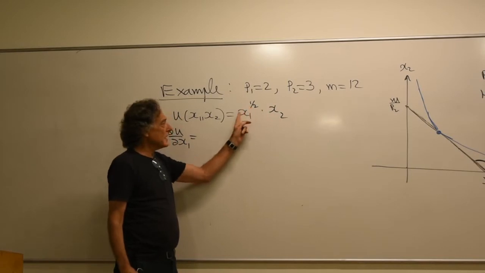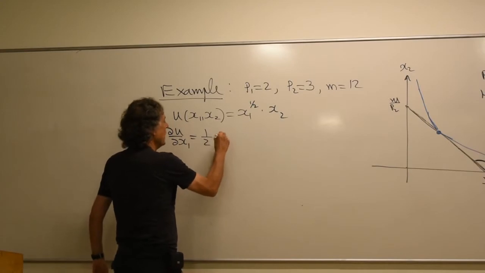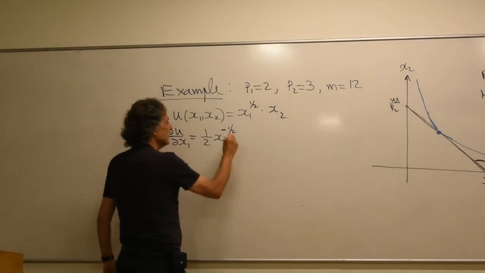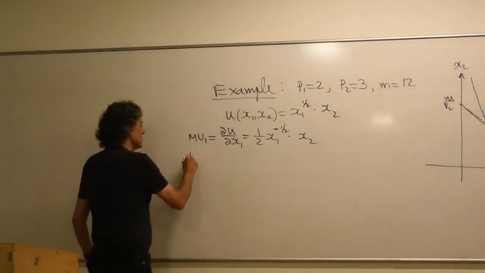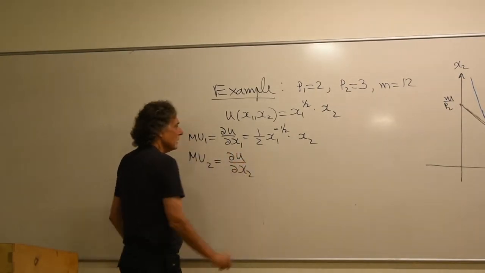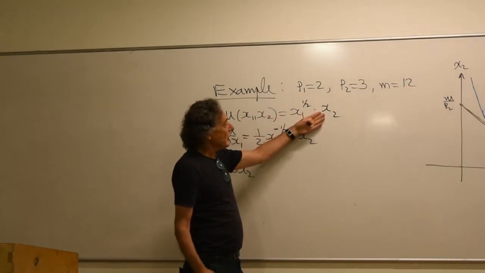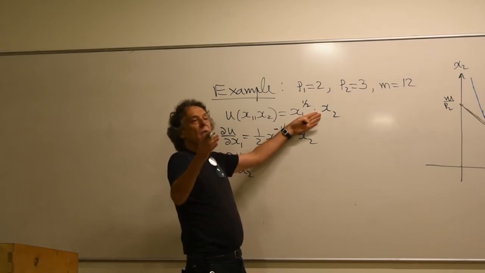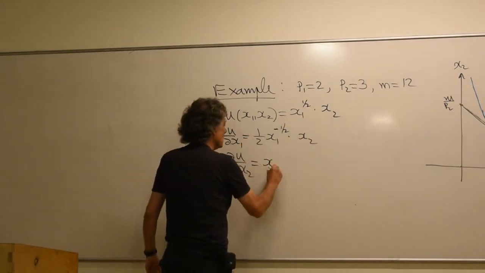But what is the derivative of x1 to the half? It's half x1 to the half minus 1, namely minus half, times x2. And what is mu2? mu2 is du/dx2. So I keep this constant, and the derivative of x2 with respect to x2 is 1. Derivative of y equals x is 1. So I'm getting that this is just x1 to the half.